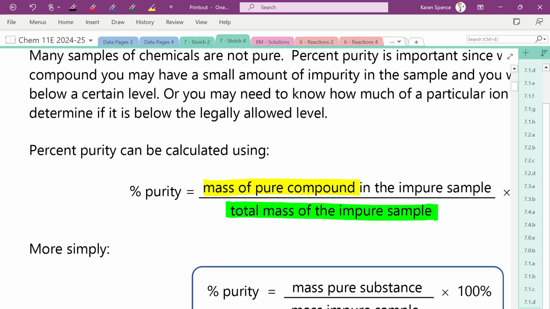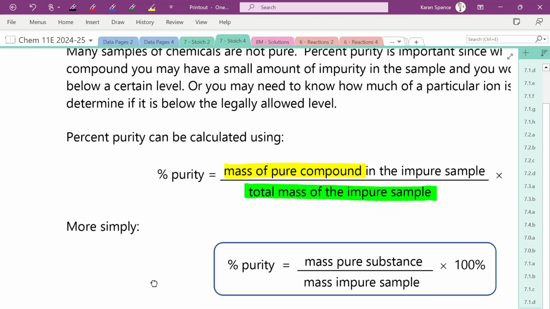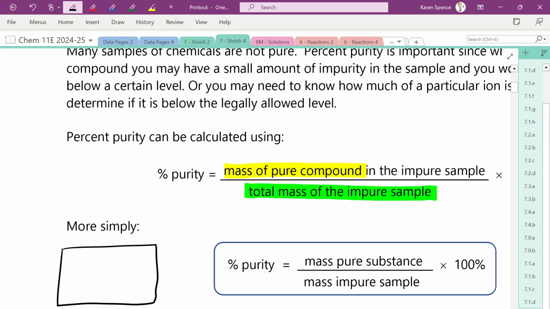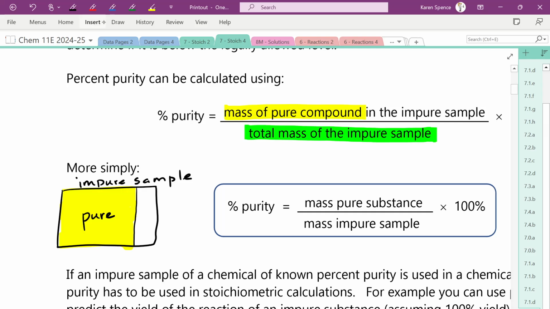So let's say for example, here is our impure sample. And most of it is the pure compound. But some of it is the impurity.